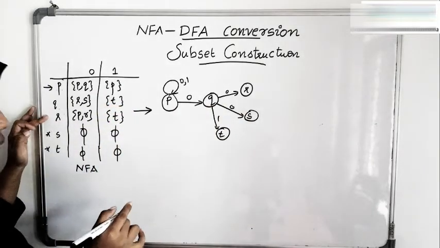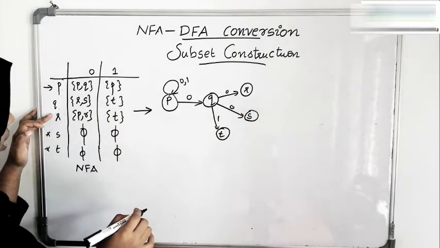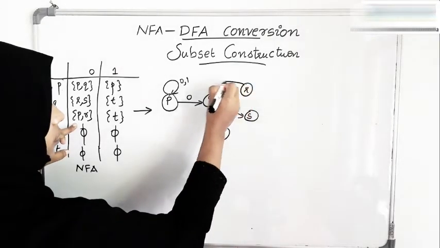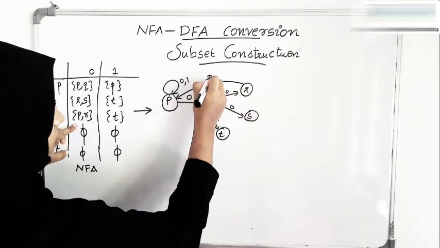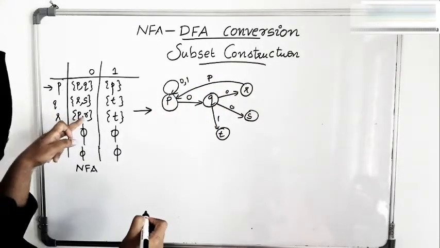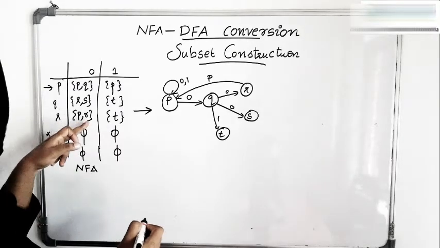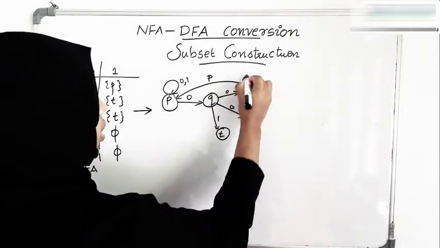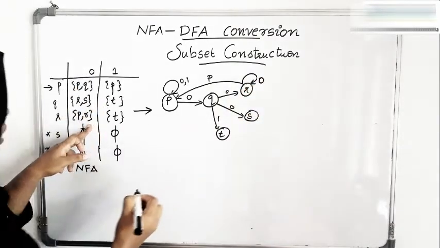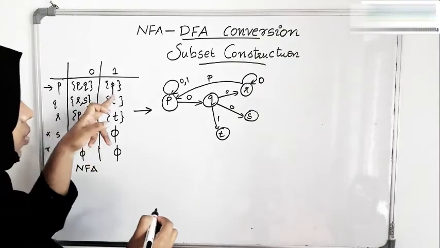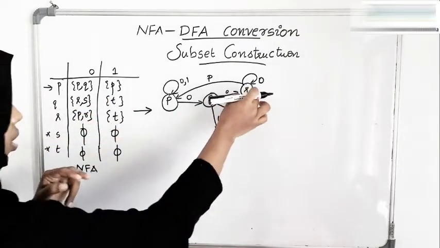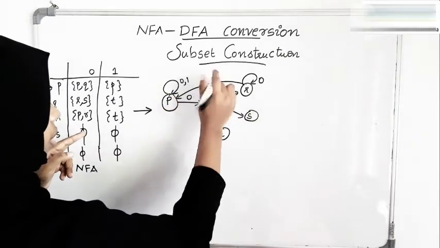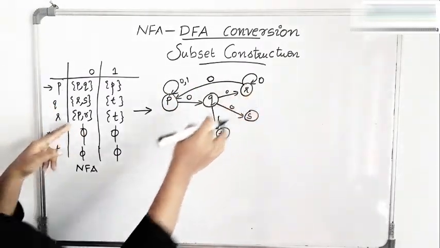Now from R on 0 you have a transition to P, and also you are staying at R itself.